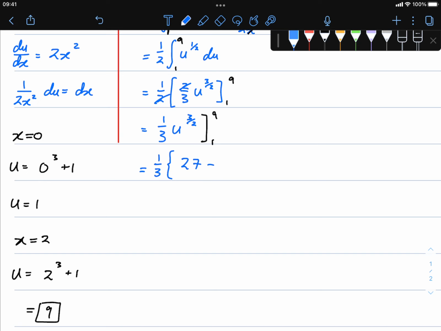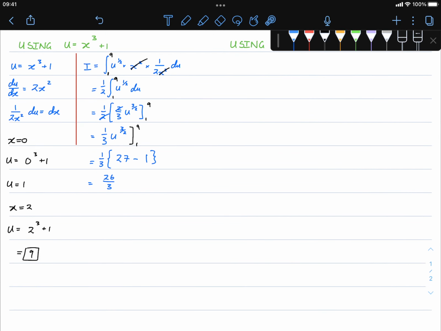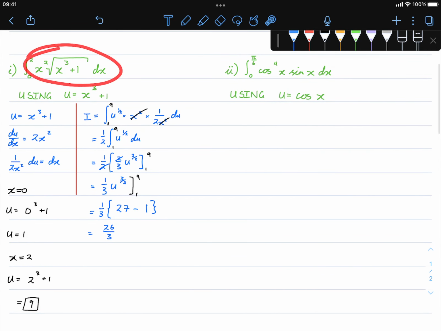Take away, well, substituting 1 to the power of anything is just 1. So it's going to become 26 times 1/3. We get 26 on 3 is our definite integral value of this integration.